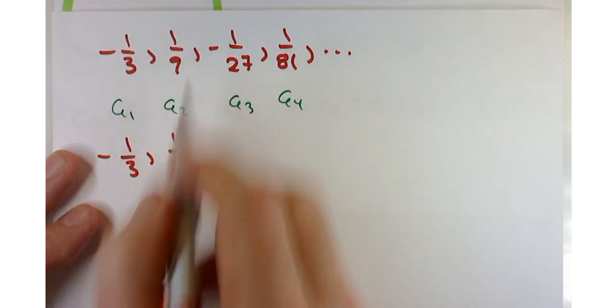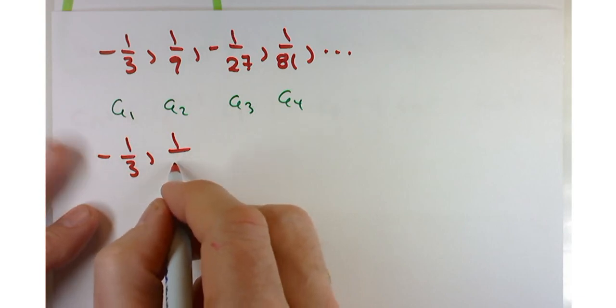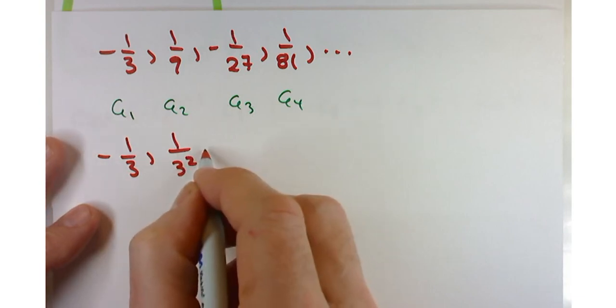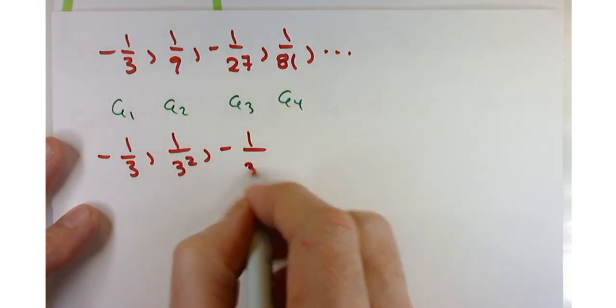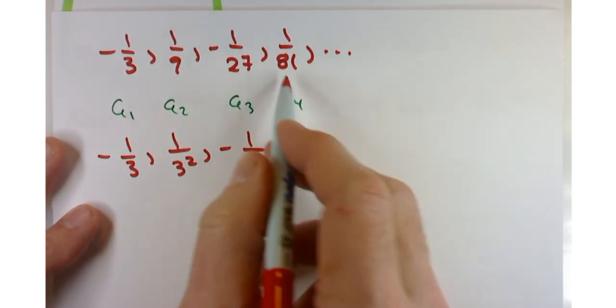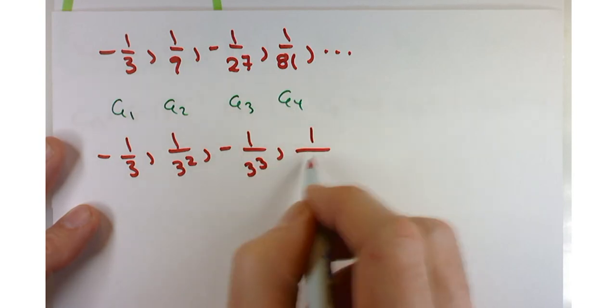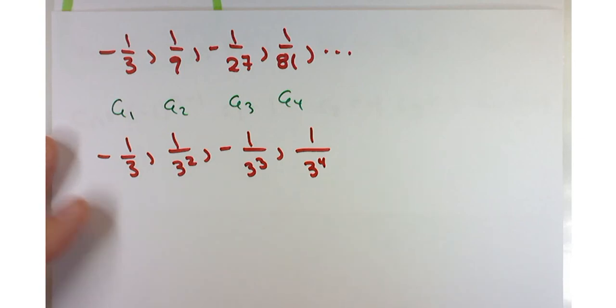What's a different way to think of 9? 3 squared. How about a different way to think of 27? 3 cubed. And maybe you're not as familiar with 81, but you can probably take a guess that this is 3 to the 4th power.